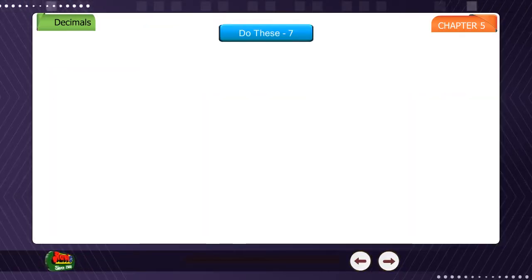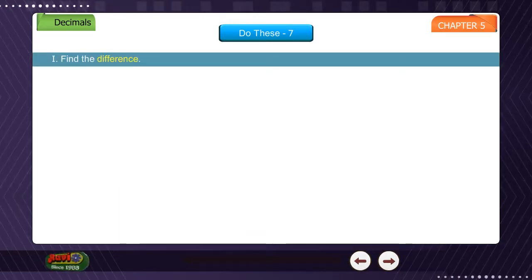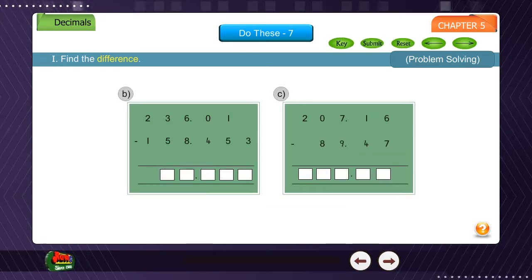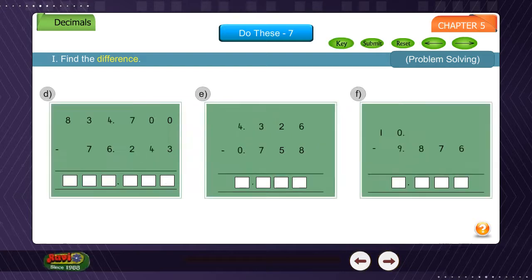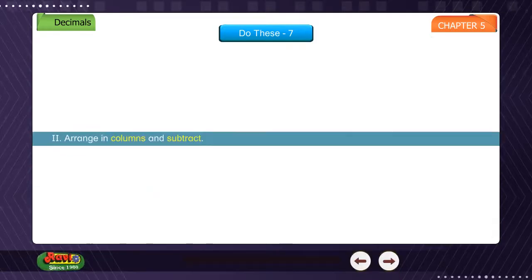Do these 7. 1. Find the difference. Problem solving. 2.